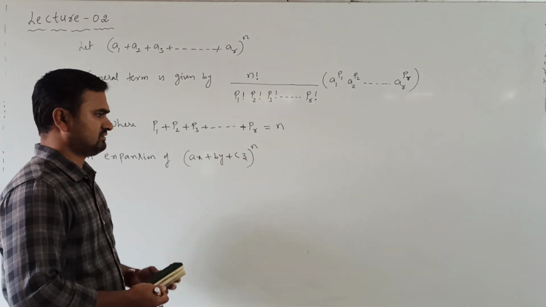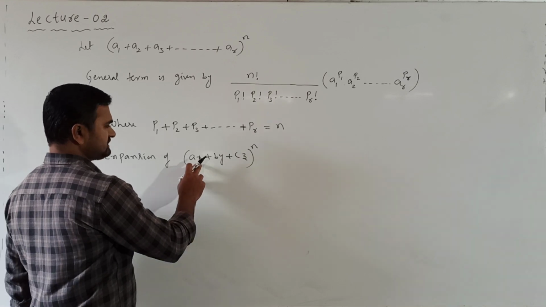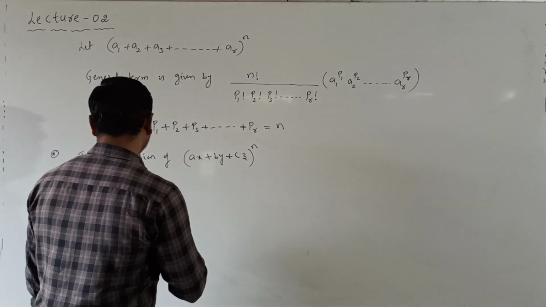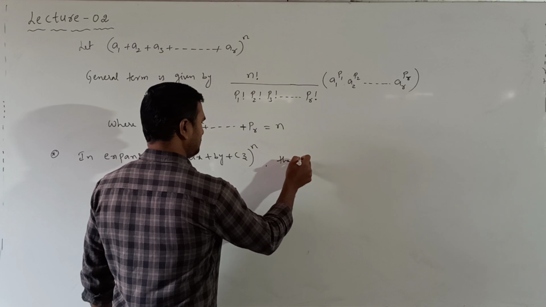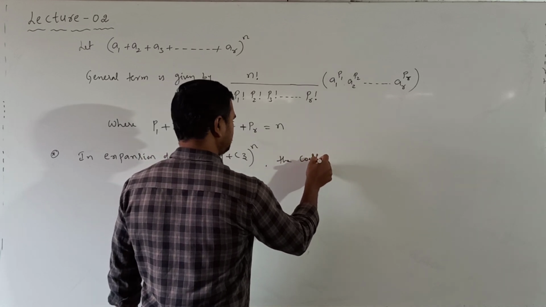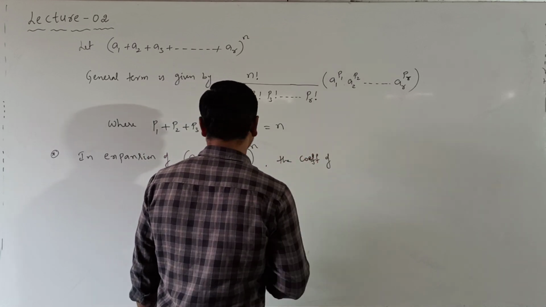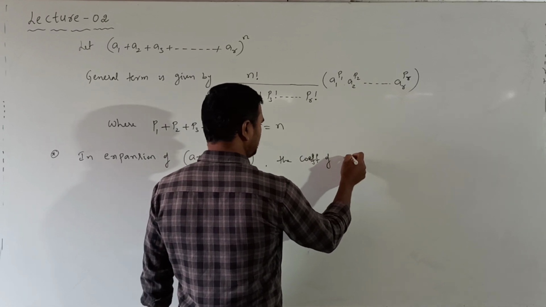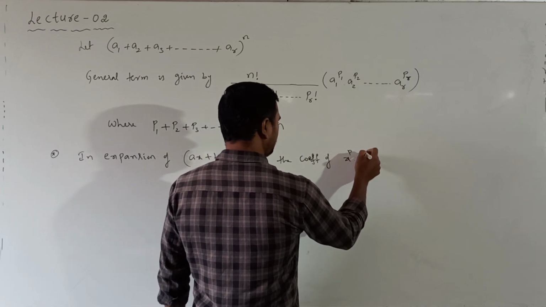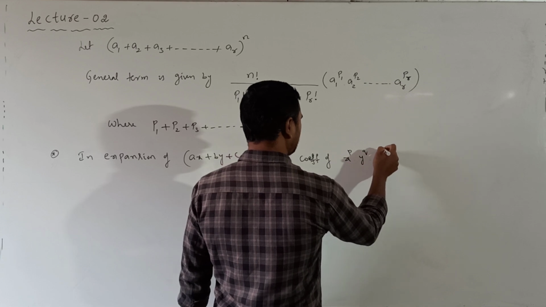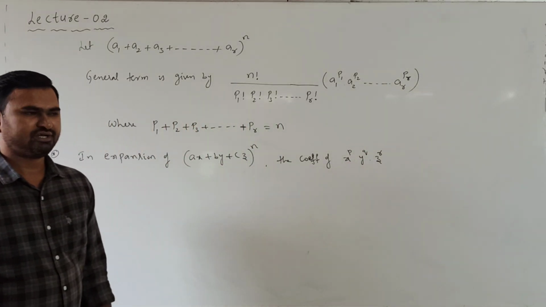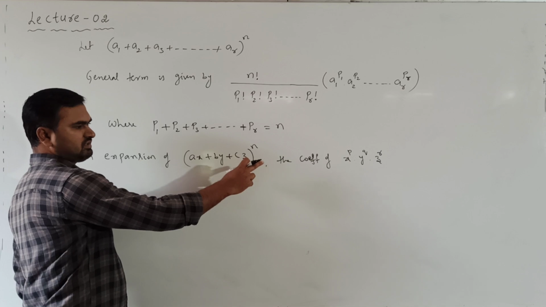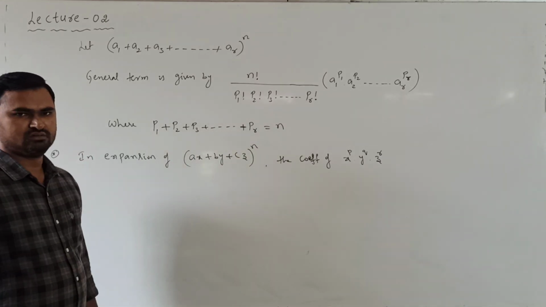Now out of all the terms, we need the coefficient of, suppose I want to find x^p y^q z^r. I want to find the coefficient of x^p into y^q into z^r.